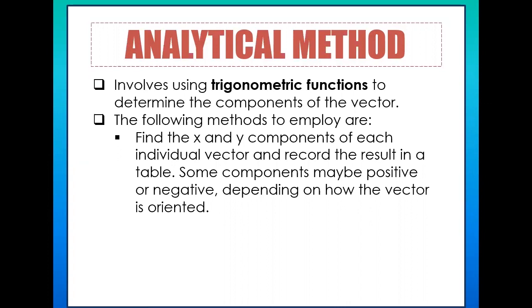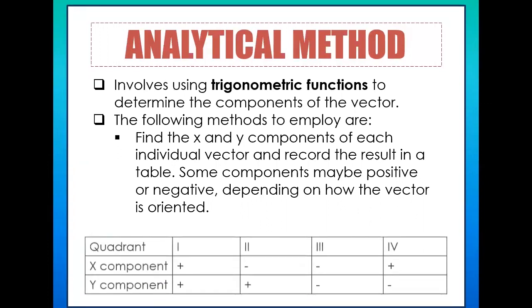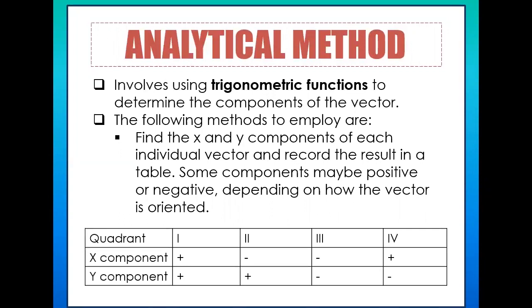So in here, we have to identify the components of the x and the y. It is important to take note that in quadrant 1, the values of the x and y components are always positive. For quadrant 2, the value for the x component is negative, for the y positive.